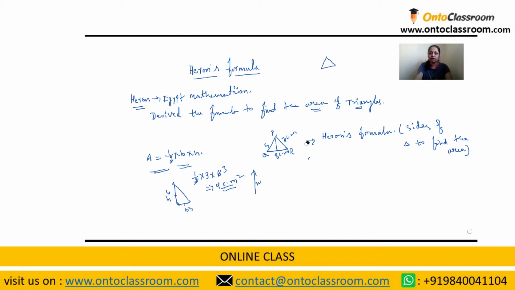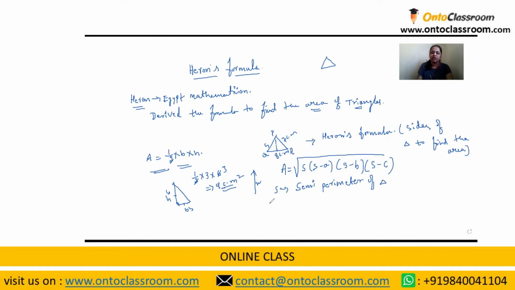Okay, now I will just write the formula which is derived by Heron, that is area of triangle equals under root S into S minus A into S minus B into S minus C. Here S is the semi-perimeter of the given triangle.